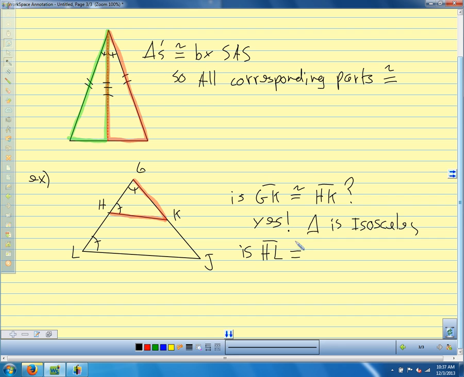Now my next question is HL congruent to KJ? So now we're looking at just this piece and just that piece. Are those two congruent?